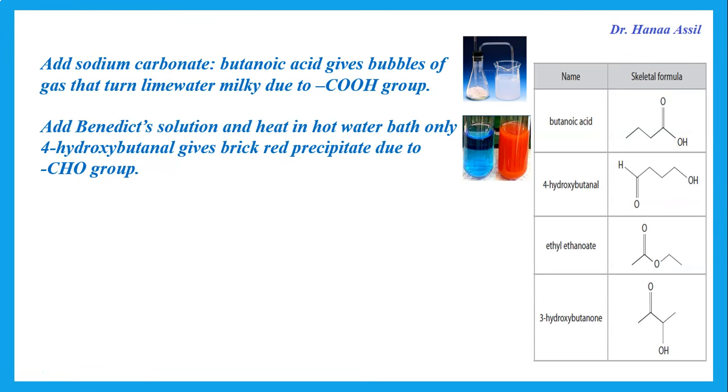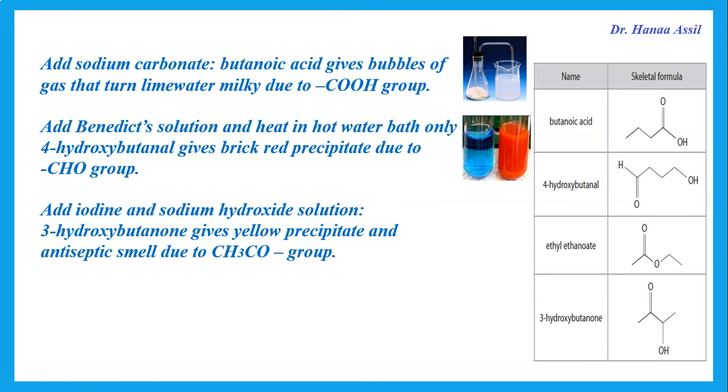What else can we do? We have the 3-hydroxybutanone. I can do the iodoform test, adding iodine in aqueous sodium hydroxide. The 3-hydroxybutanone would give a yellow precipitate and antiseptic smell due to the presence of the CH3CO group at the beginning on the left.